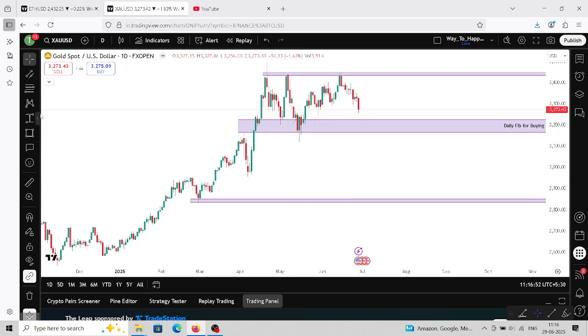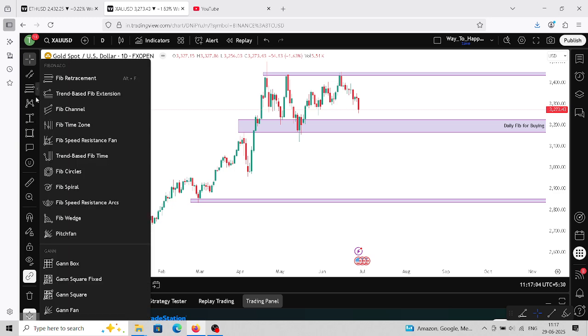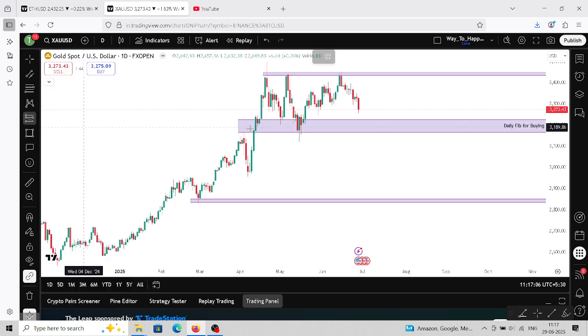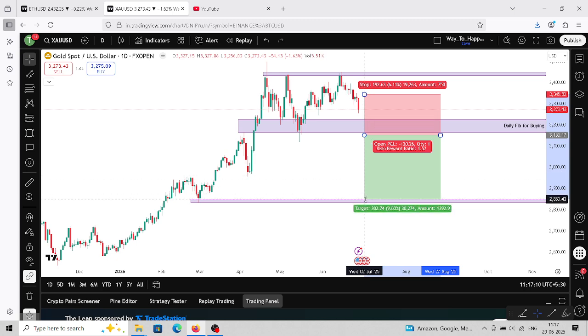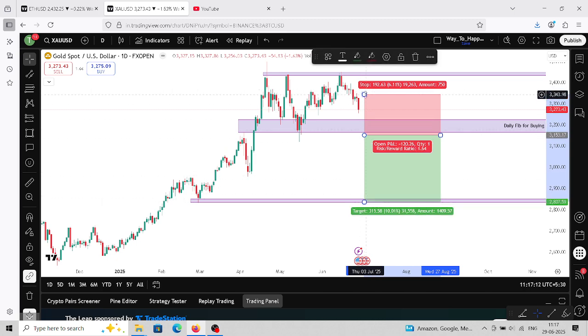Okay. So if you ask me, on the daily time frame itself, I'm not even going to the 4 hour or 1 hour. If in case the fib gets broken, you should take a short entry from somewhere here to here with the SL of this.